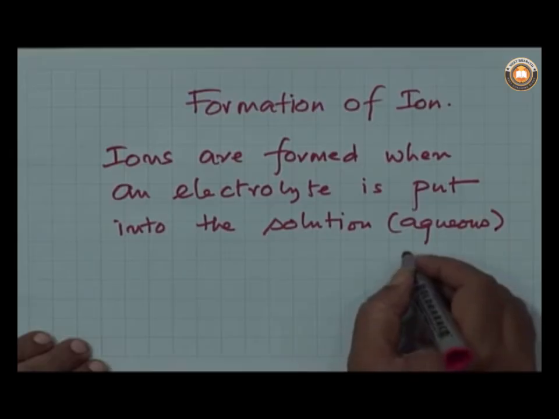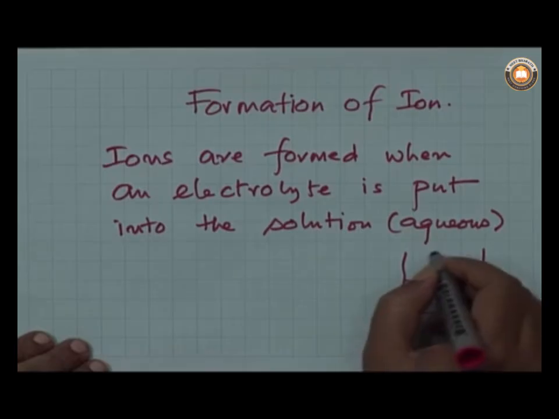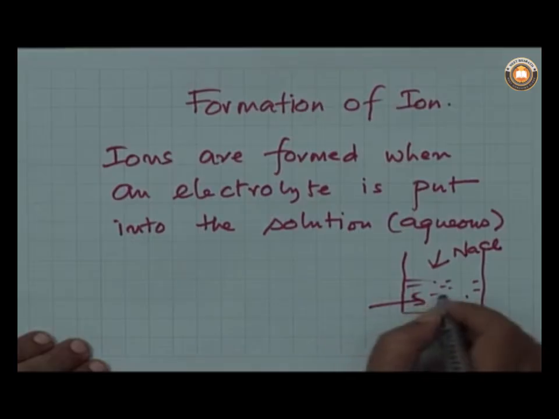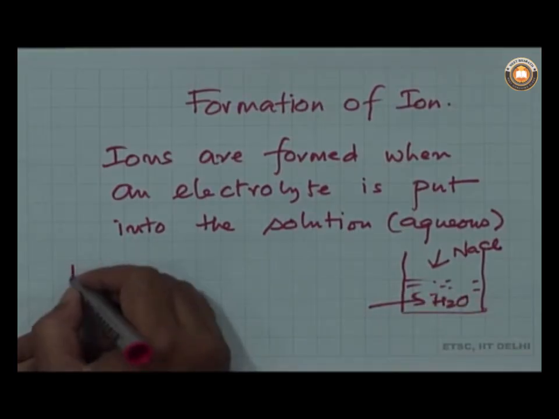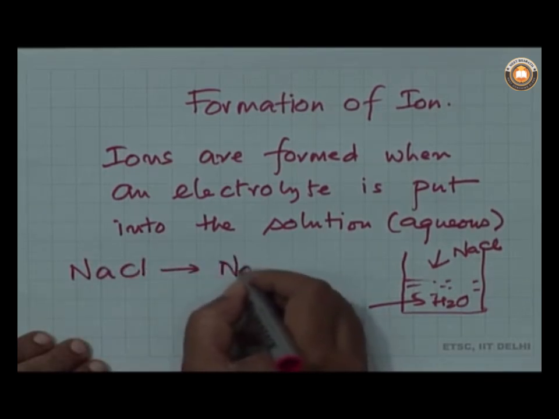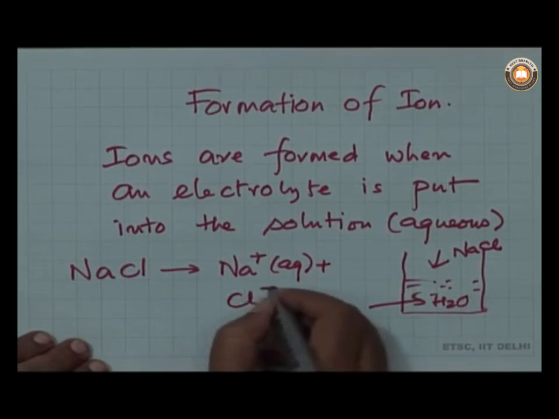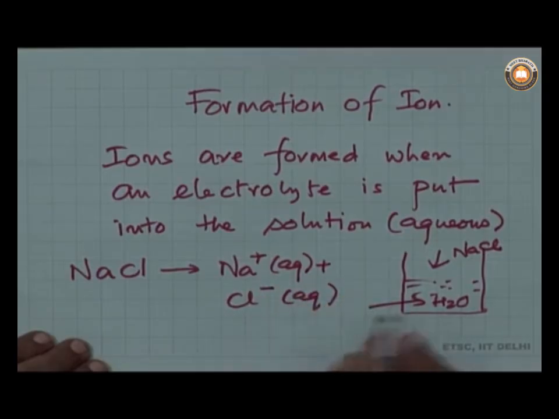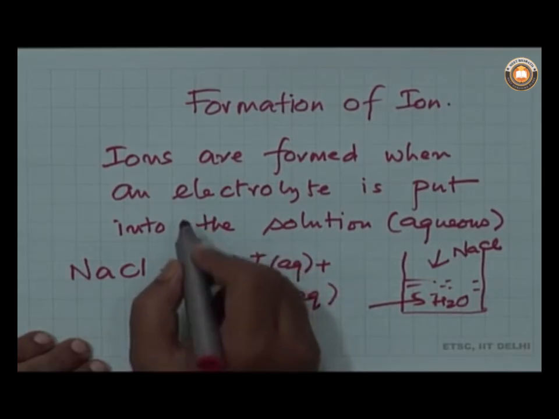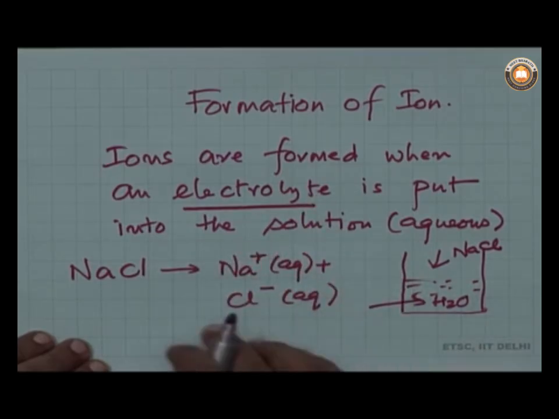For example, if we put NaCl in water, NaCl will break and ions are formed: Na plus aqueous plus Cl minus aqueous. So, ions are only formed when an electrolyte is put into the solution.